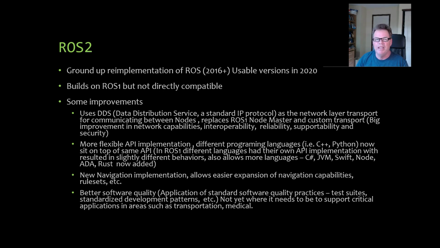Before, you had to basically recreate the navigation node to take in each of these rule sets, but now they have a plugins capability for navigation where you can plug in different rule sets, as well as other things to do with navigation. So it made it a lot more flexible and a lot easier to modify the navigation without basically having to rebuild it each time.